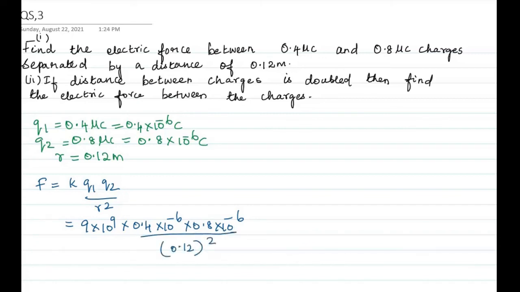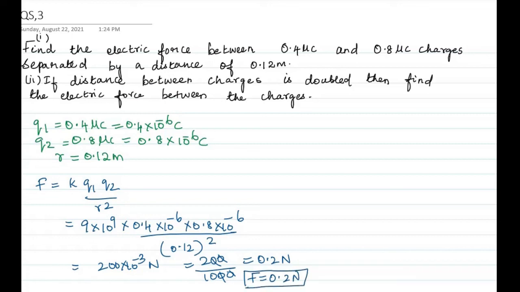When you calculate this, we get the answer to be 200 into 10 to the power of minus 3 Newton. This can be written as 200 divided by 1000, so we get 0.2 N. So the value of F is equal to 0.2 Newton.